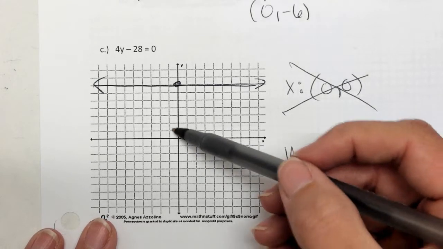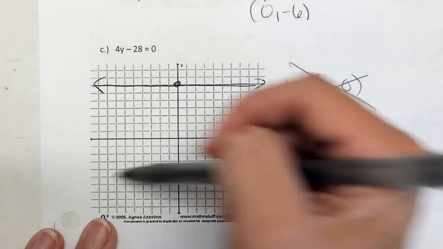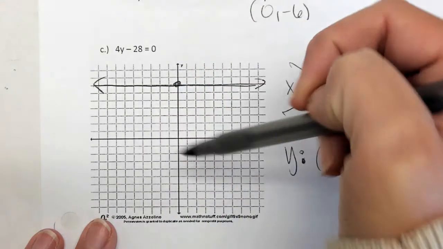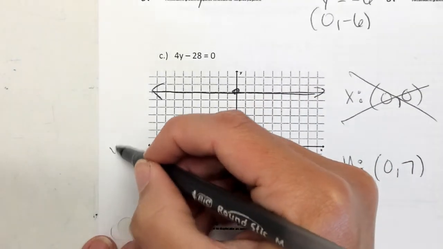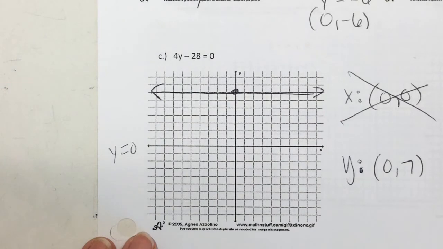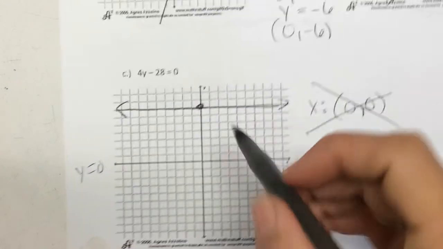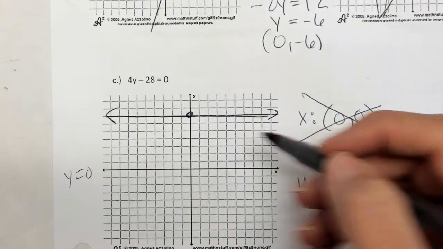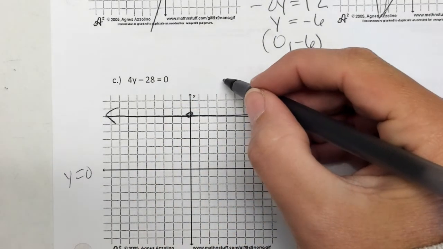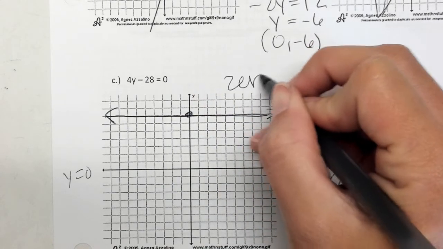Horizontal lines will never touch the x-axis unless it's the x-axis itself, like y equals 0. Otherwise, it'll never touch the x-axis. And just for kicks, what's the slope of this? 0. Good.